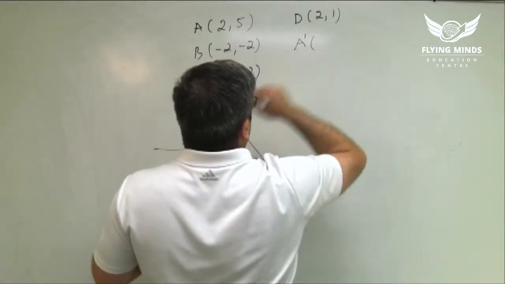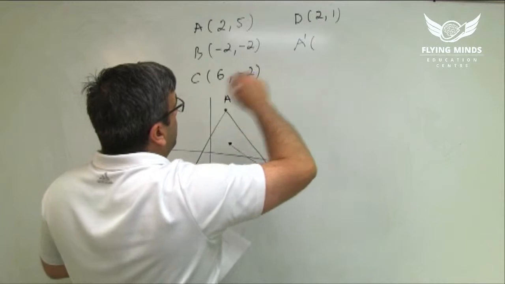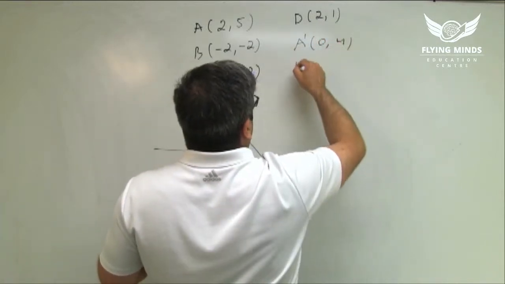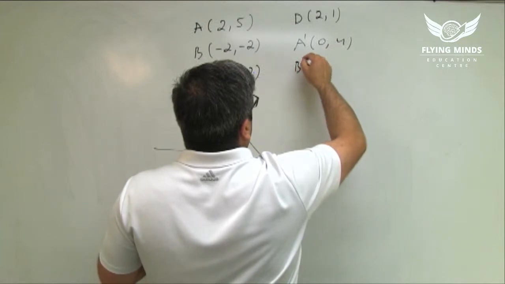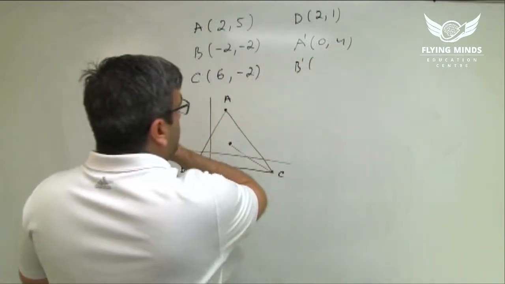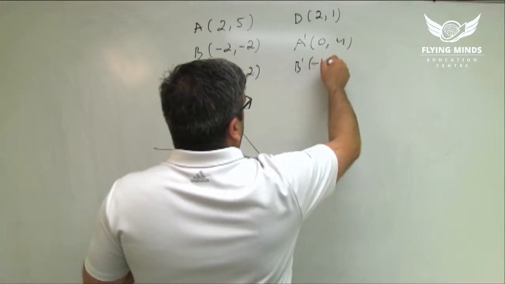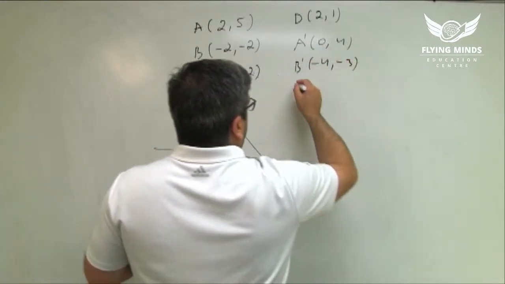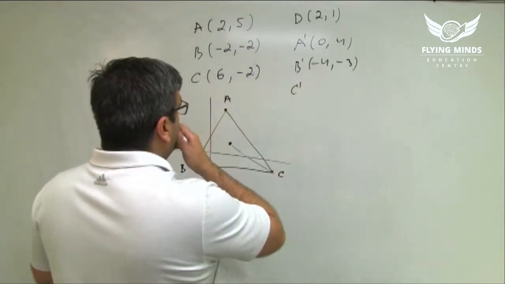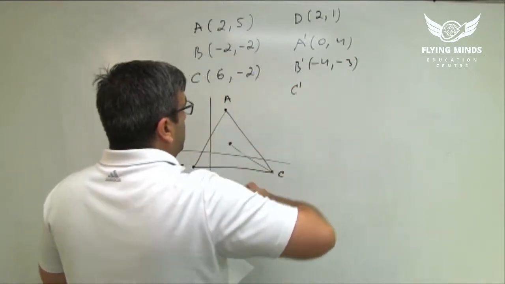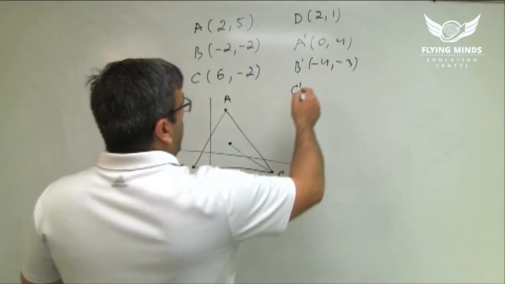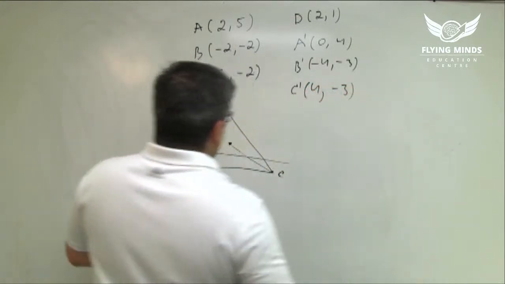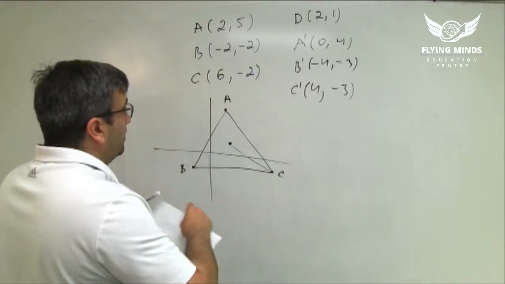So new coordinates will be 0, 4. B will be 2 to the left, will be -4, -3. And C prime will be 1, 2 to the left, and -3, right?